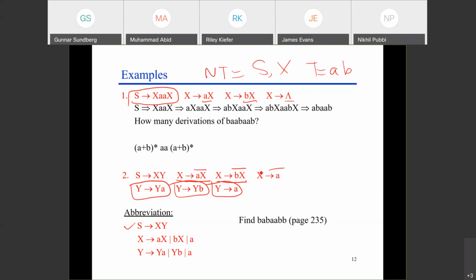And Y can be replaced by Ya, Yb, or a. When you see this, it is not three production rules. S can be replaced by XY, X can be replaced by aX, bX, or a, and Y can be replaced by, this is the OR sign, Ya or Yb or a. So in total, you again have 3, 3, 6 and 7 production rules.